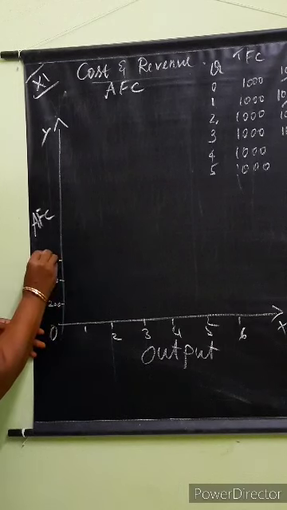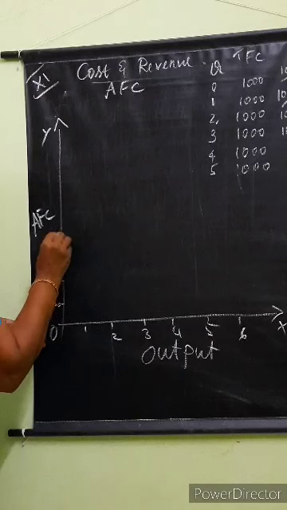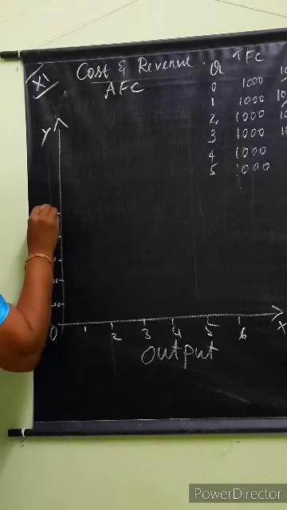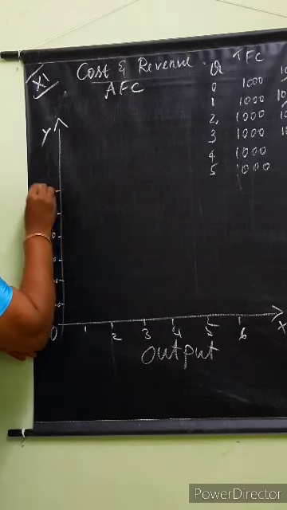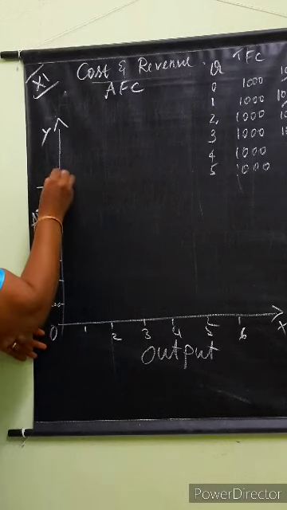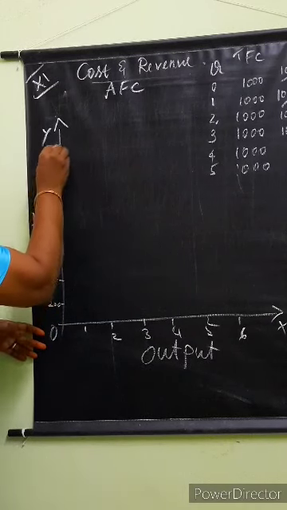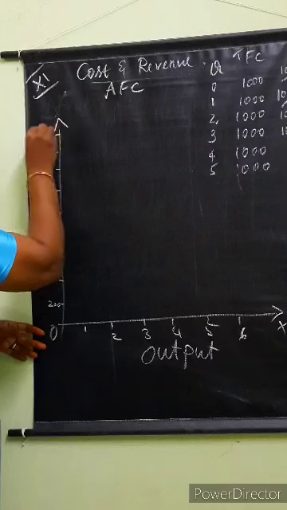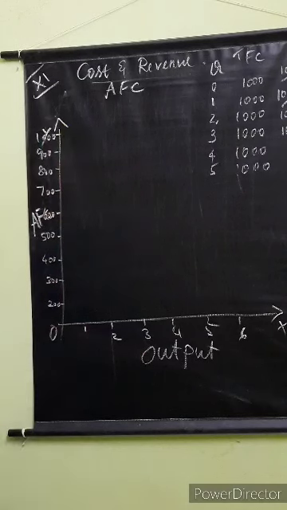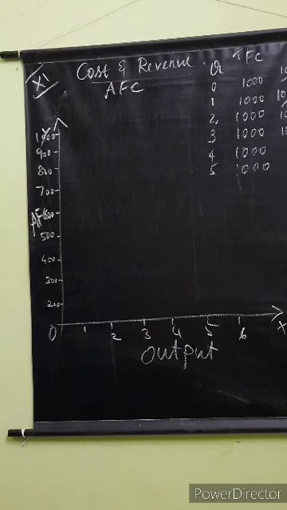300, 400, 500, 600, 700, 800, 900, 1000. I am going to mark just like this.